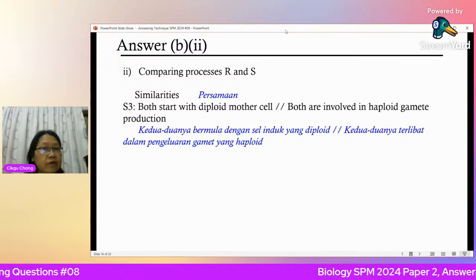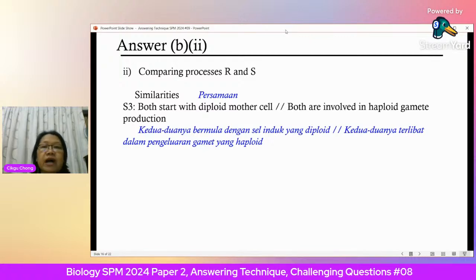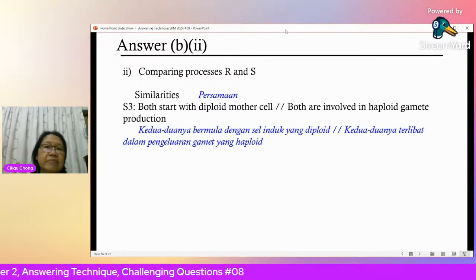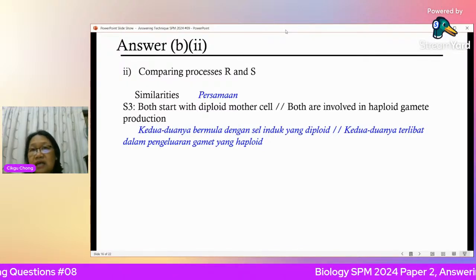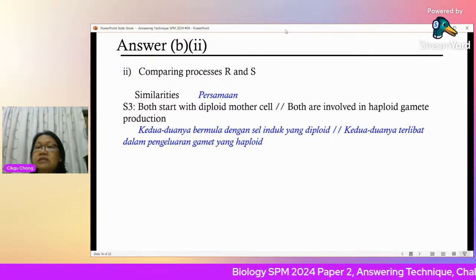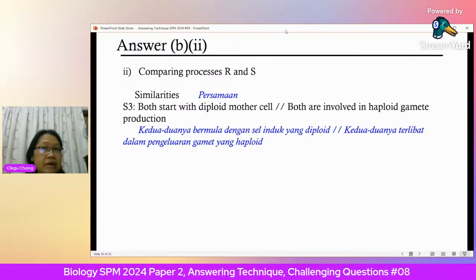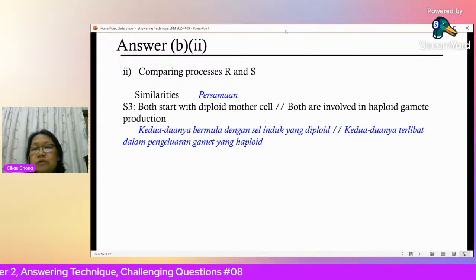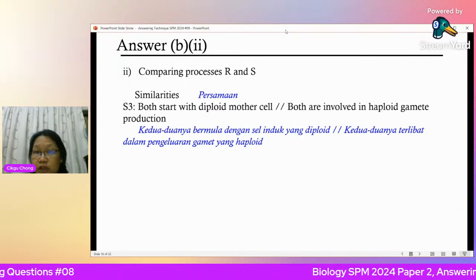For the male or the female, you have this diploid mother cell, and both are involved in haploid gamete production. The gamete that is produced must be haploid, because this is sexual reproduction. It produces half the number of chromosomes in that gamete. Gamete always contains only half the number of the diploid chromosome. So if it's human cells, 46, the sperm must always have 23.